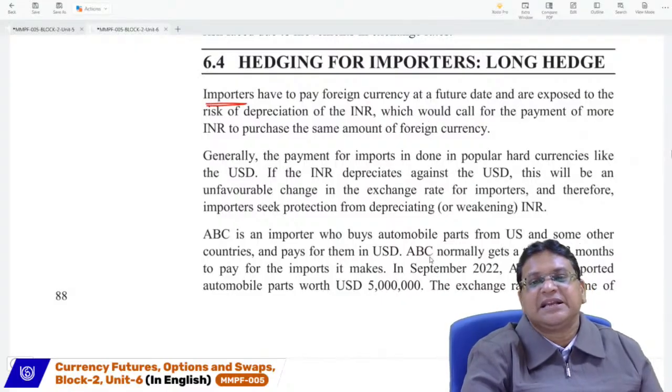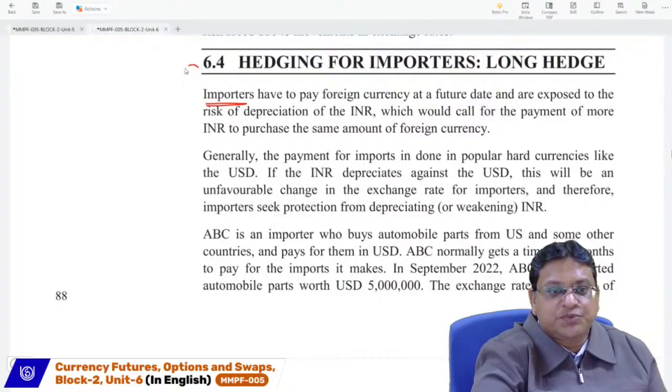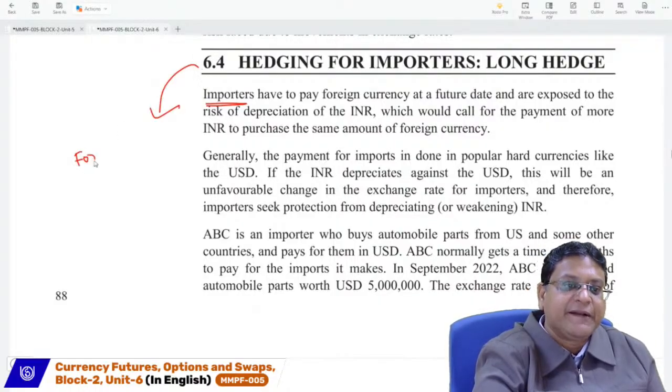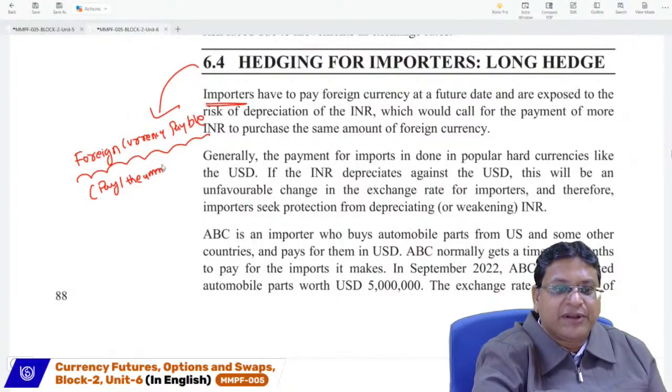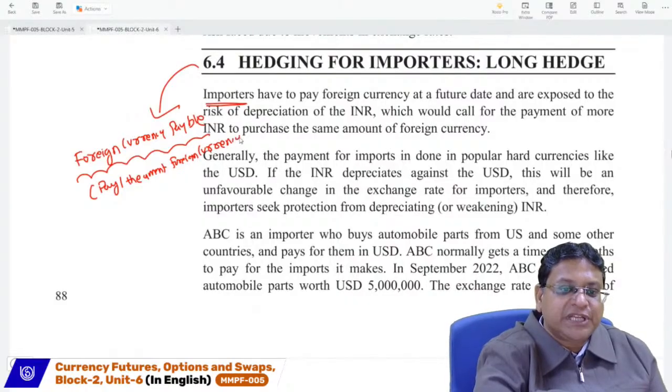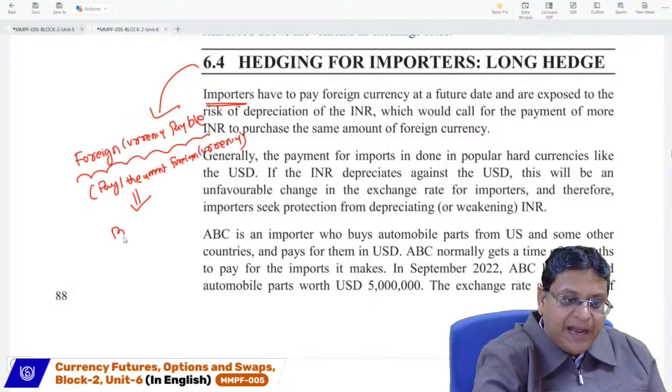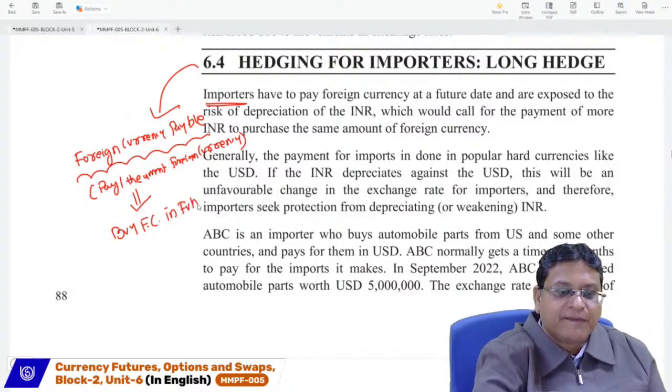So long hedge is taken by those parties who have foreign currency payable. What is foreign currency payable? You have to pay the amount in foreign currency. If you have to pay something in foreign currency, you will buy foreign currency in futures.